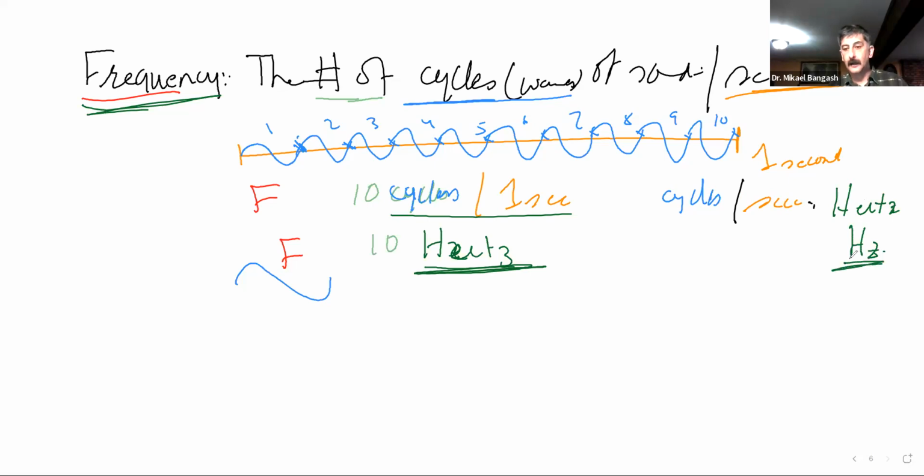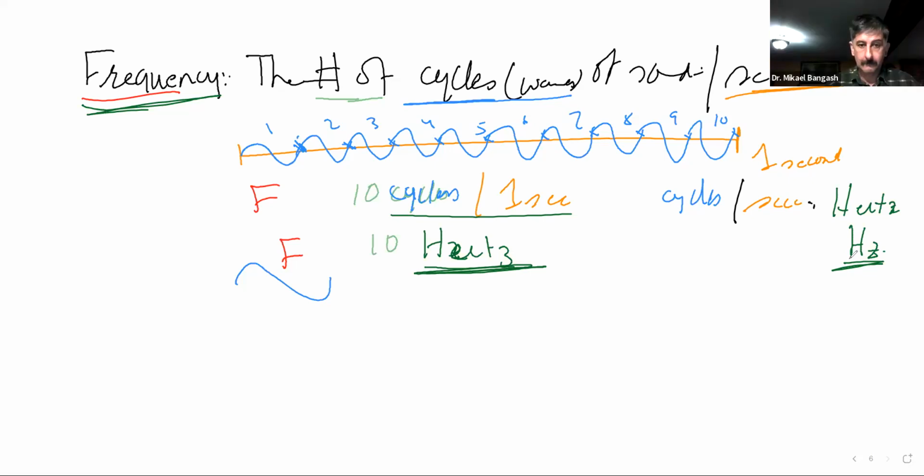That's the universal symbol for hertz. H as in happy, Z as in zebra. Did you guys get that? Yep. Good.